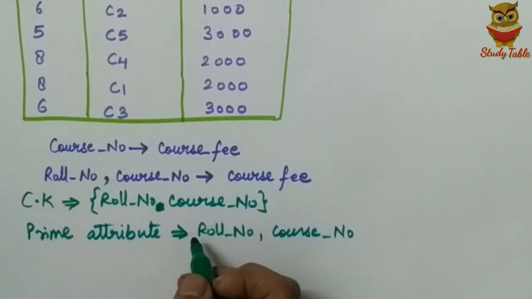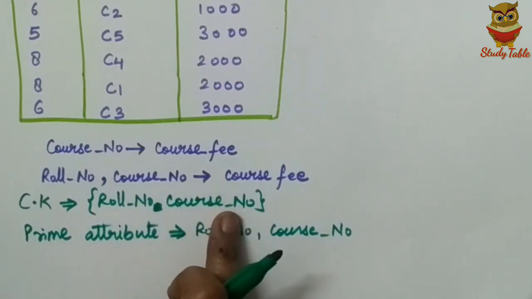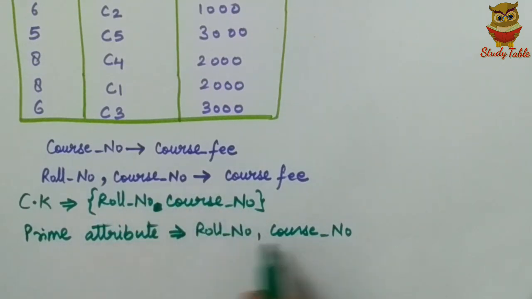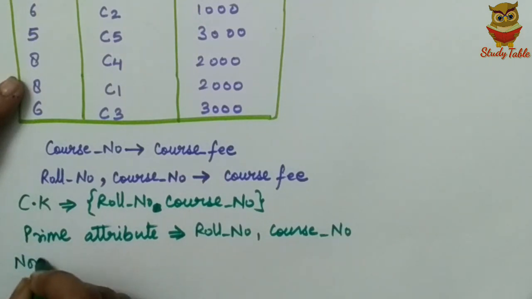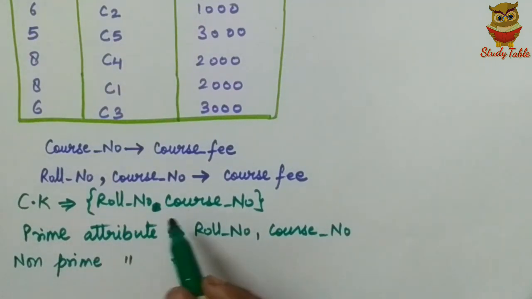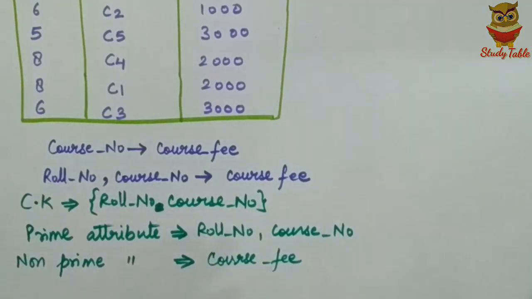One relation can have many candidate keys. Here we have one candidate key, roll number, course number. So these two attributes will be the prime attributes as they are part of the candidate key. And the non-prime attribute, the remaining attribute, is the course fee.